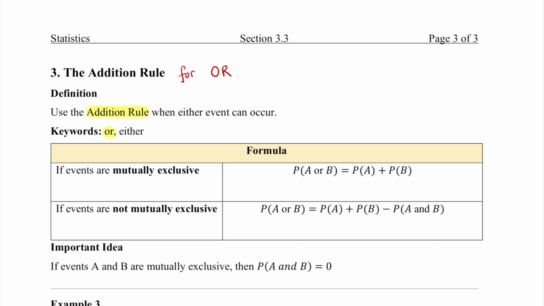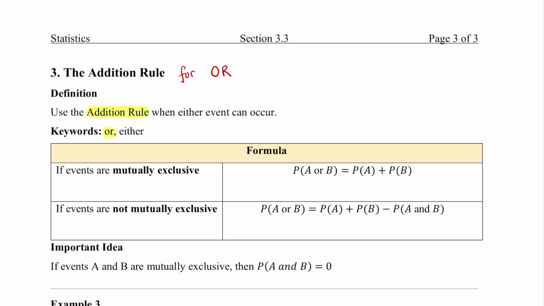Before we look at examples, we need one important definition. Two events are called mutually exclusive if they cannot happen at the same time. For example, if we draw a single card from a deck, a card cannot be both a heart and a spade.